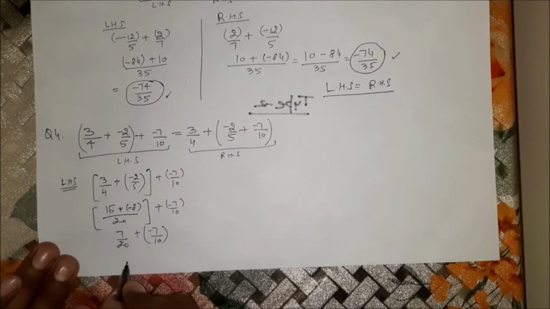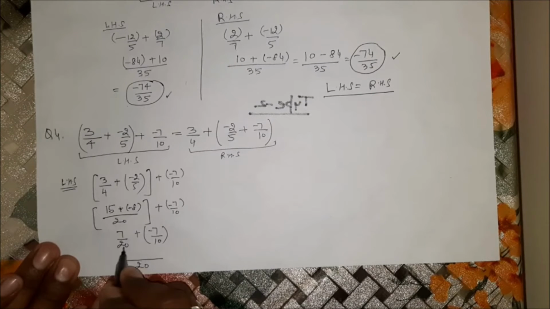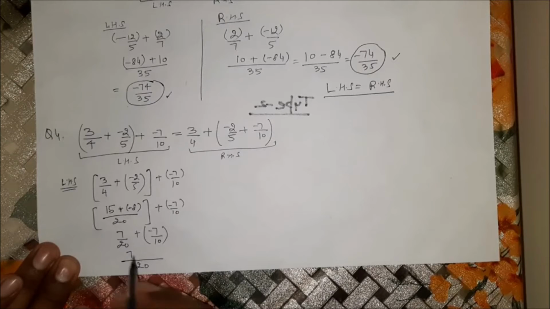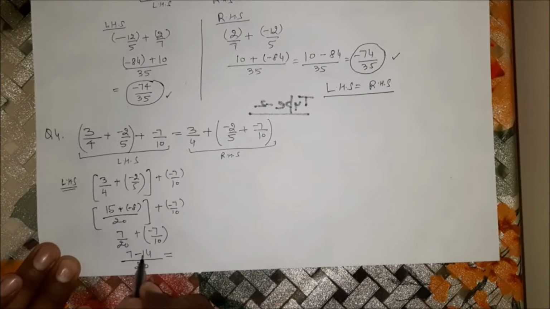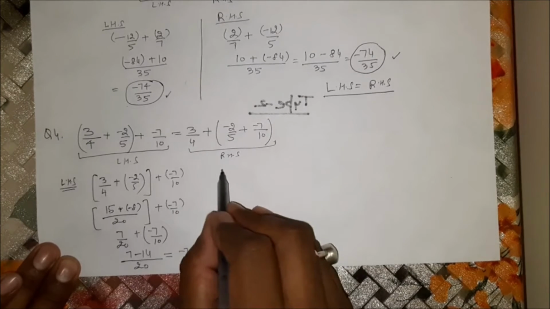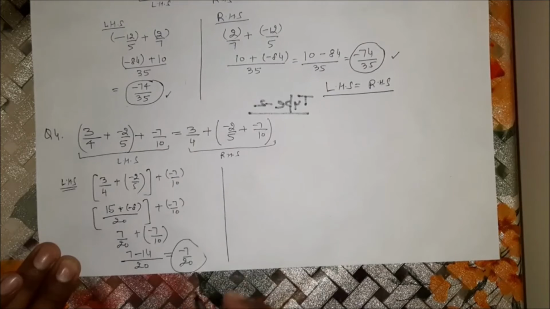Again I take the LCM. LCM will be 20. 20 into 1 is 20 and 1 into 7, 7. 10 into 2 is 20, 2 into minus 7 is minus 14, you will get minus 7 by 20. This is your left hand side.